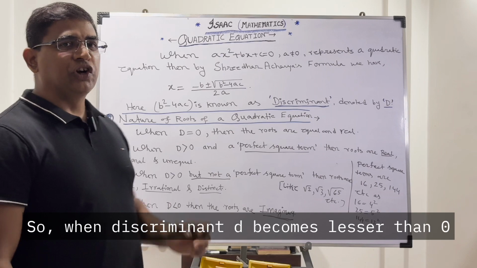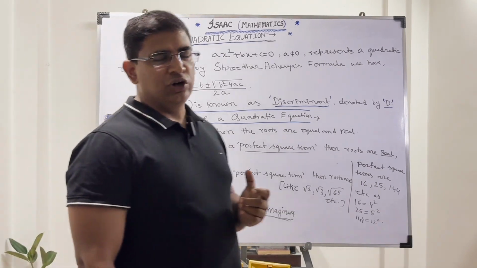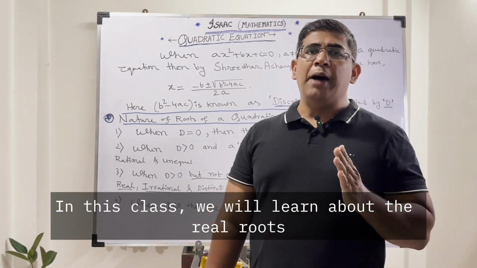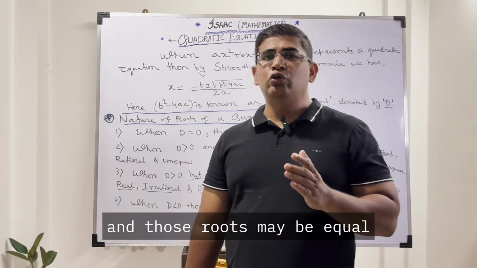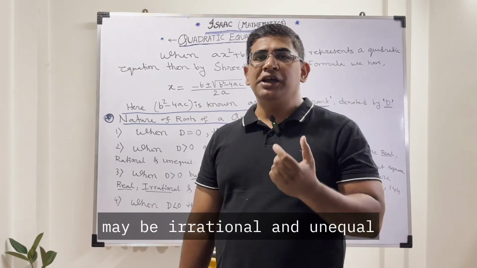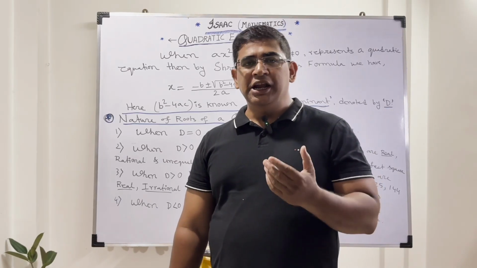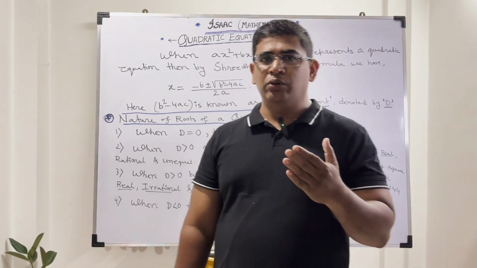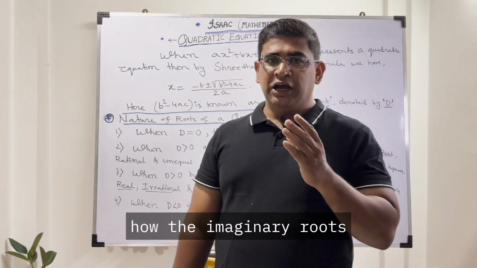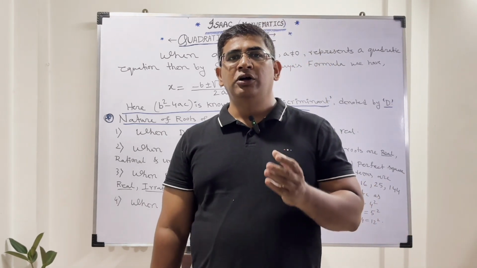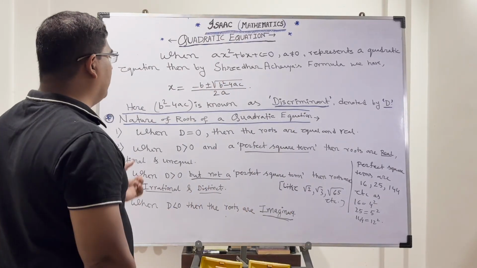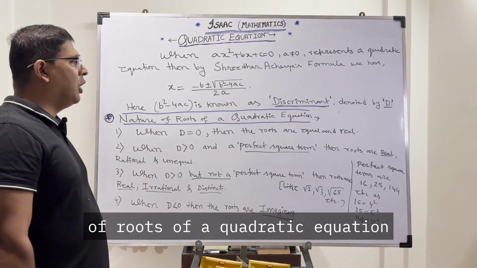In this class we will learn about the real roots, and those roots may be equal, may be rational and unequal, may be irrational and unequal. After some classes, when we learn about complex numbers, then we will learn how the imaginary roots help us to find a quadratic equation. So these are the natures of roots of a quadratic equation.